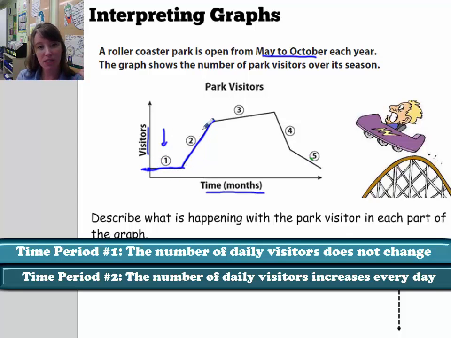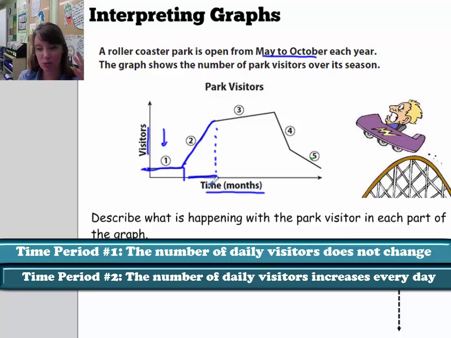But when you have this diagonal line segment, it means that the visitors are rapidly increasing in this period of time. If I were to draw a dashed line here, in this period of time right here, the visitors are rapidly increasing.